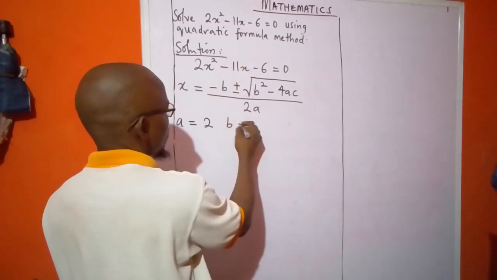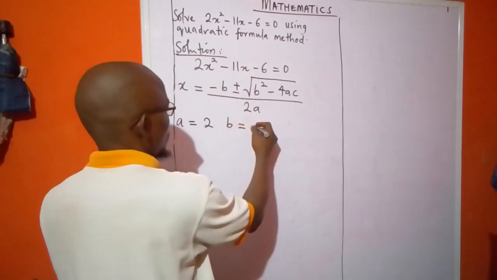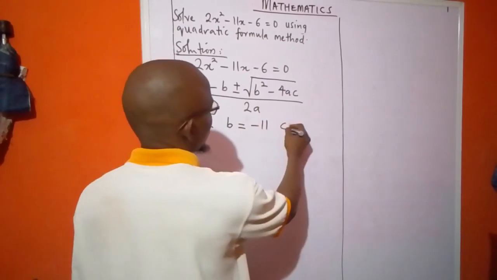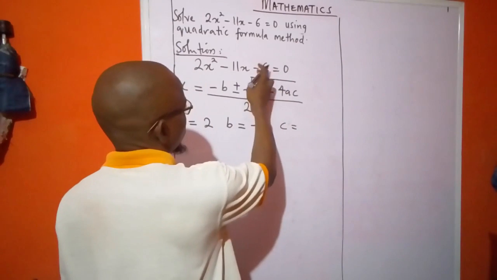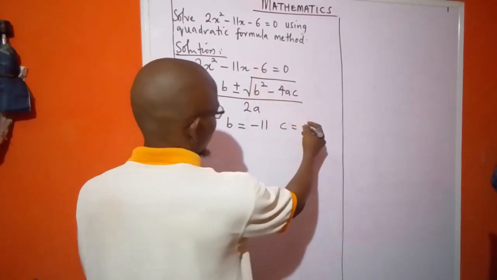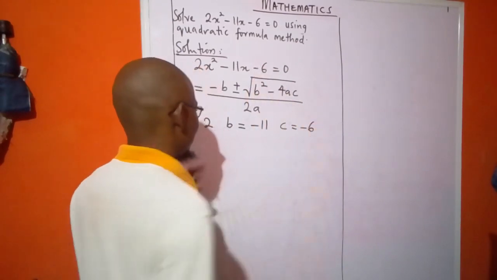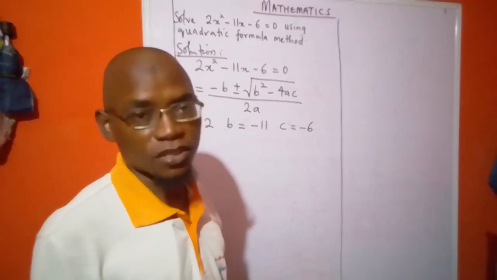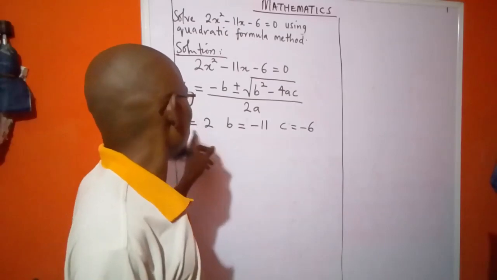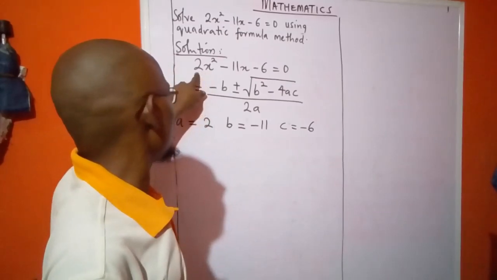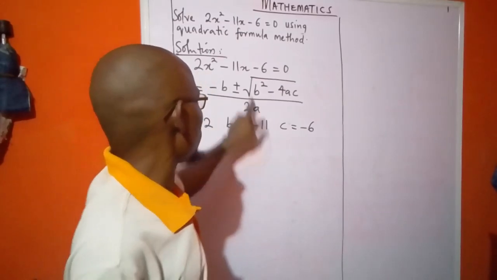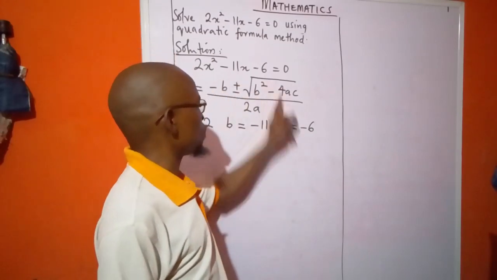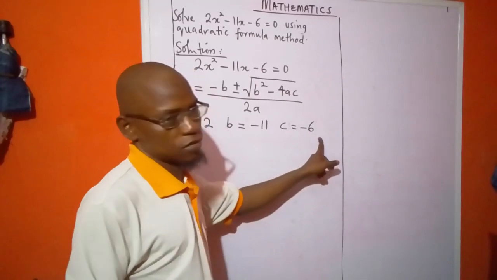The coefficient of x is our b, and that is minus 11. Then c is our constant, which is minus 6. So can you see how we've gotten our a, b, c? Our a is the coefficient of x squared, which is 2. Our b is the coefficient of x, which is minus 11. Our c is the constant, which is minus 6.